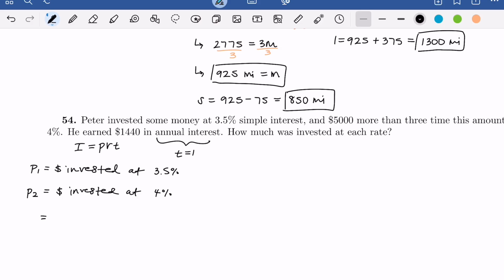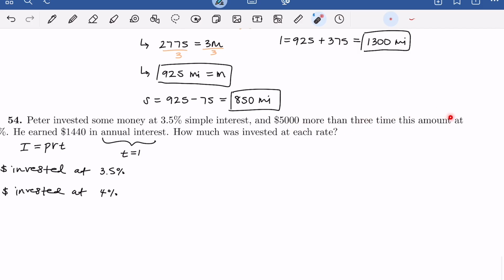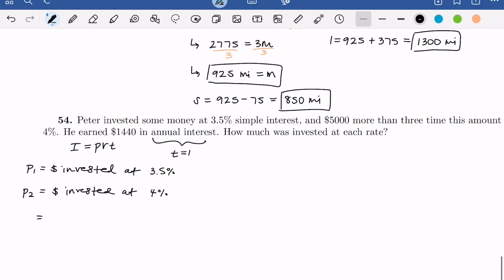But notice that this amount invested at the 4% is also 5,000 more than 3 times our first principal. So this is going to be an equation. It's going to be 5,000 more, so we're going to add 5,000 to 3 times our first principal amount. So with this information, what we want to do is figure out what exactly P1 and P2 are.